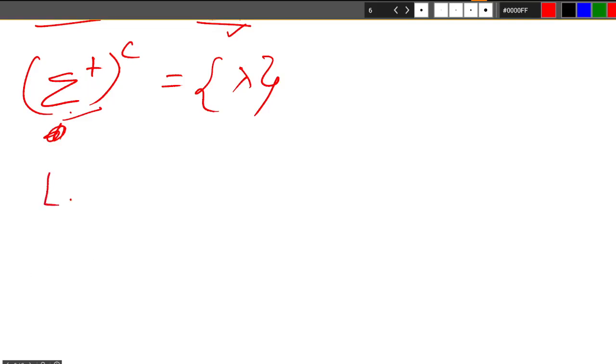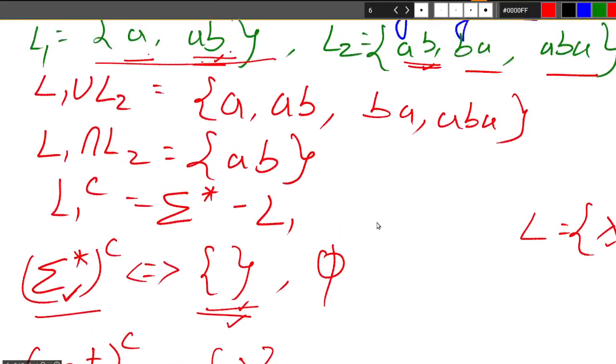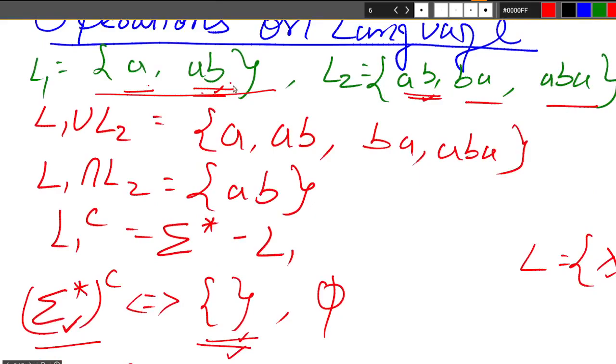If you want to perform L1 minus L2, then what will happen? You were having A, AB, and here AB, BA, ABB, right? So you are performing L1 minus L2, which means you will get from L1 only, removing those elements which are common.